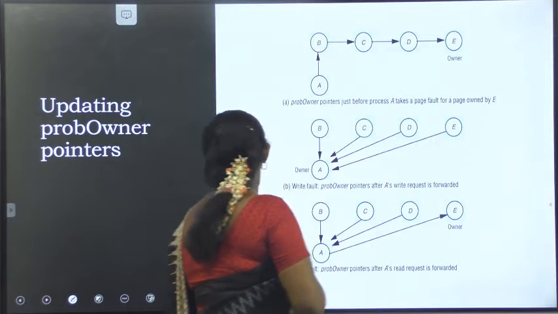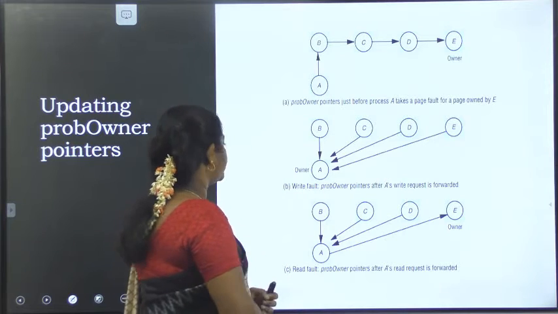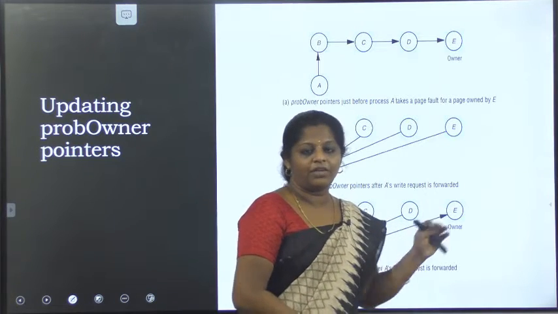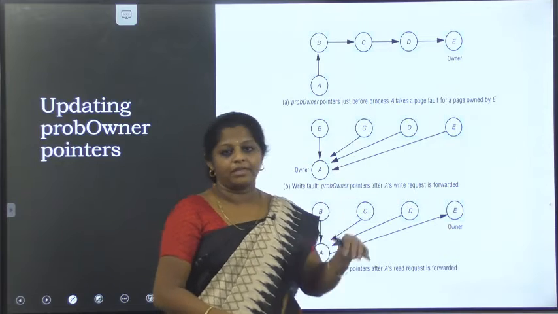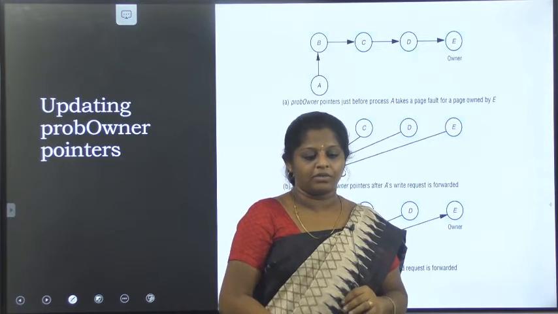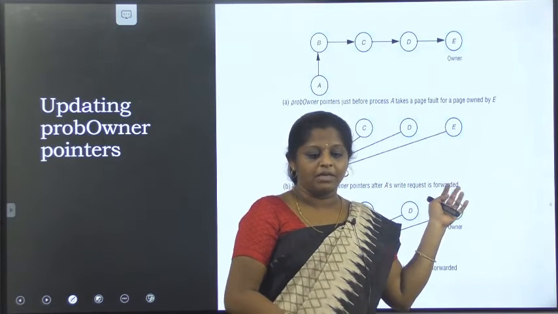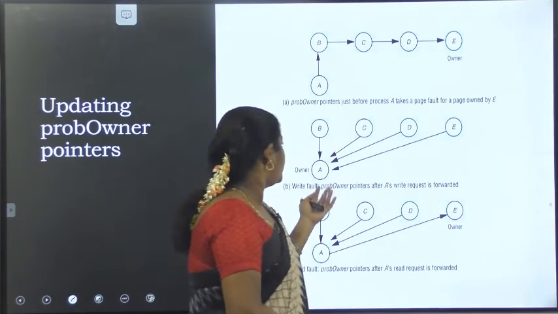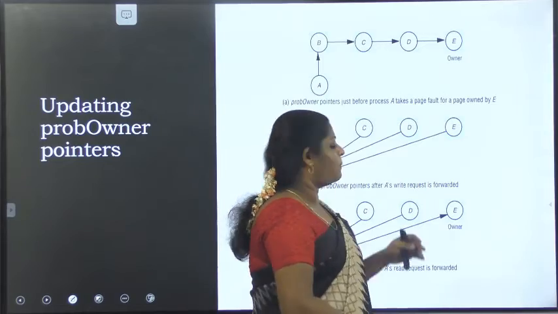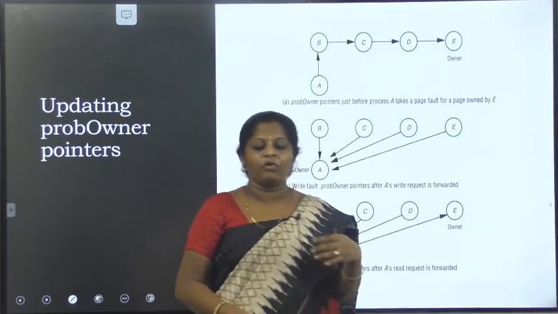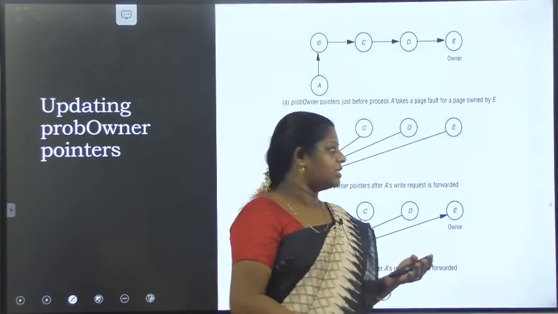So this is the updating of the probable owner pointers. What we saw before, here we are going to see how the probable owner pointers get updated. Figures A and B tell about the probable owner pointers before and after the process.